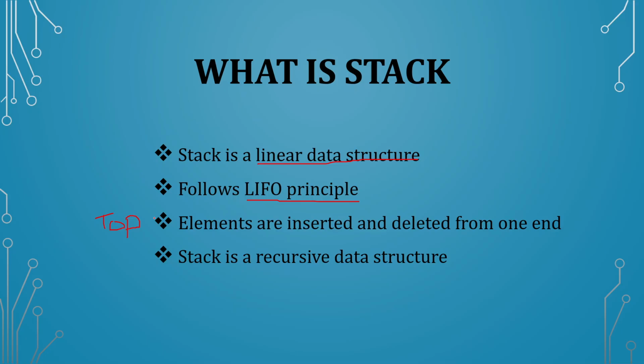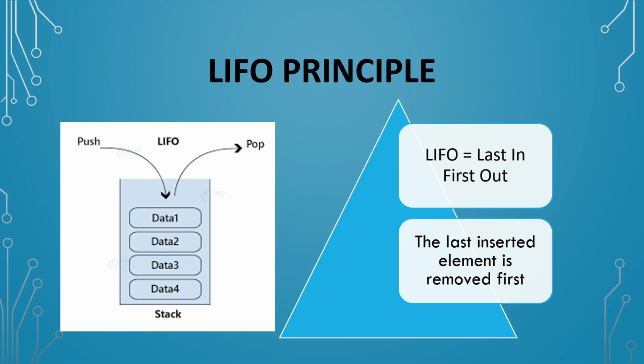Now let's understand the LIFO principle. LIFO means last in, first out. The last inserted element is removed first. Now here, data 1, data 2, data 3, data 4 are the elements inserted in the stack. First we insert data 4, then data 3, then data 2, and then data 1.